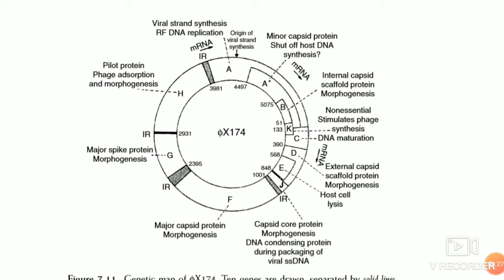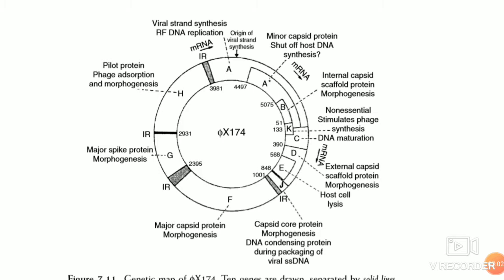Within the A gene, the B gene also starts, which codes for the internal capsid scaffold protein for morphogenesis. That is important during assembly of the virus particles. Spanning the A and C genes is the K gene, which codes for a non-essential protein that stimulates phage synthesis. And the C gene codes for a protein that helps in DNA maturation.